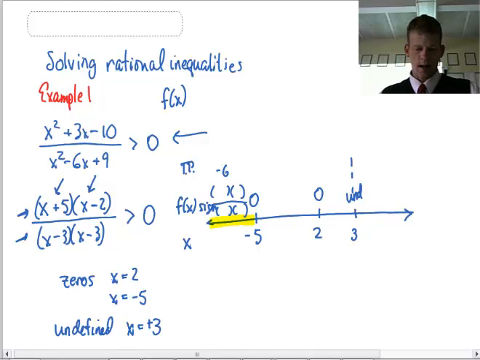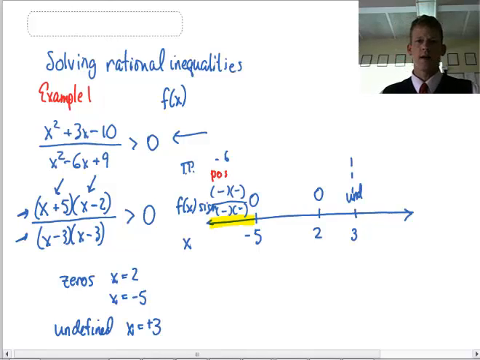So I'll get negative, and then another negative, in the numerator. The bottom will be negative when I plug negative 6 in, and negative again. The end result of this interval will be, I'll put it in red, positive overall.